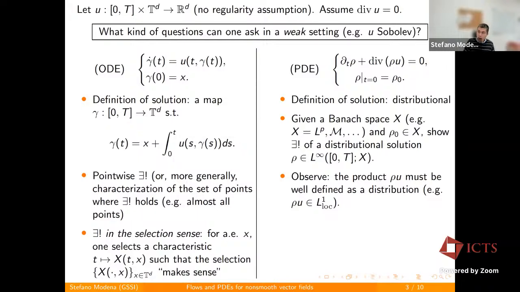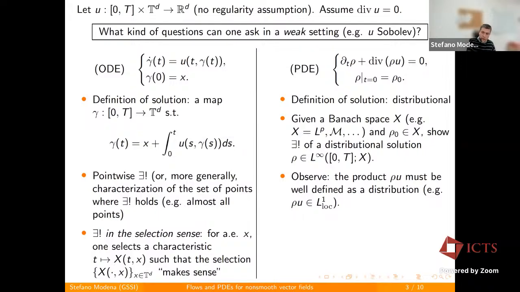And whether ρ times u makes sense as a distribution depends very much on what is this Banach space that we pick, and what is the space where our vector field u lives. For instance, if u is just a locally integrable vector field and ρ is a locally integrable density, then the product is not locally integrable in general. So we cannot define distributional solutions. So there is some attention we have to pay here when stating theorems and looking for solutions.